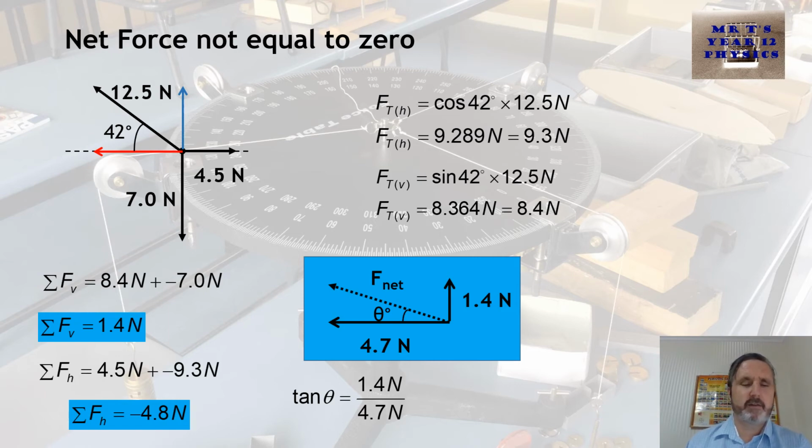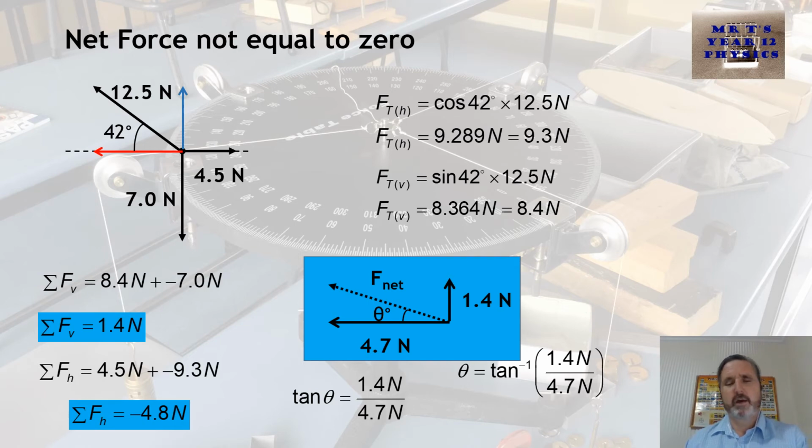I cancel out the tan and the tan minus 1 on the left hand side, and I'm left with theta equals tan negative 1 of 1.4 divided by 4.7. This gives me an angle of 17 degrees. So I've found part of my answer.